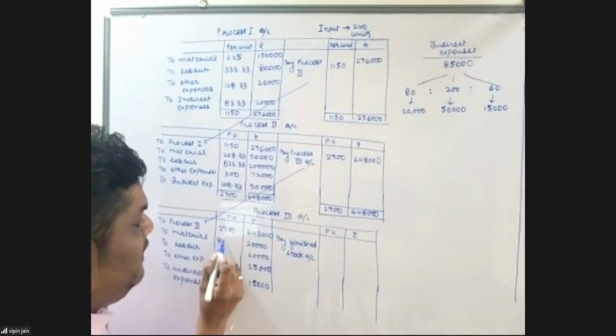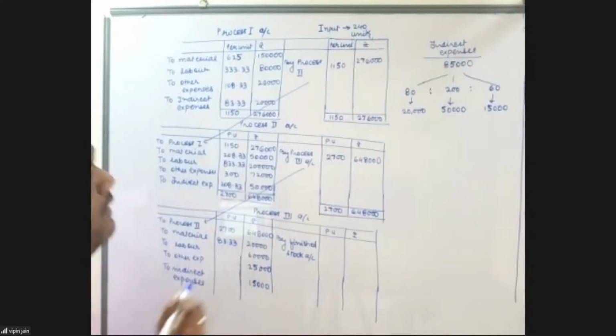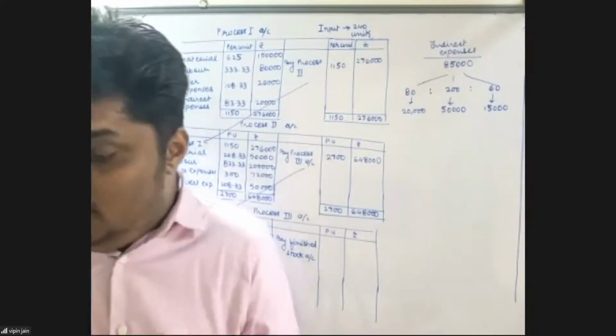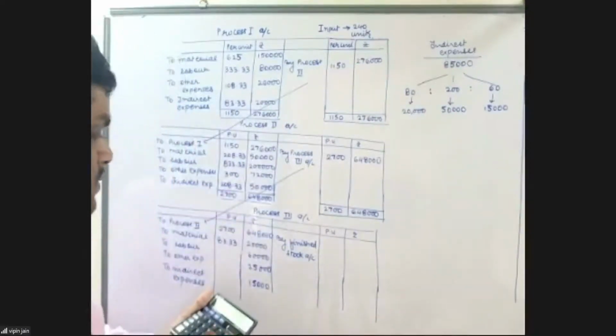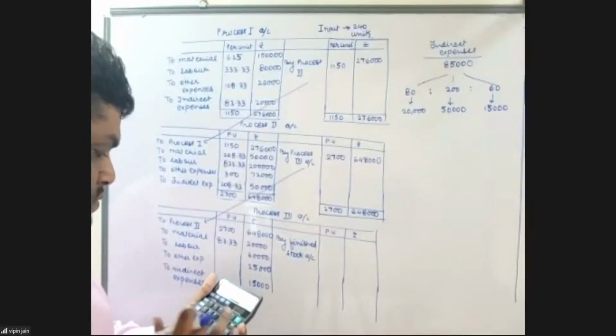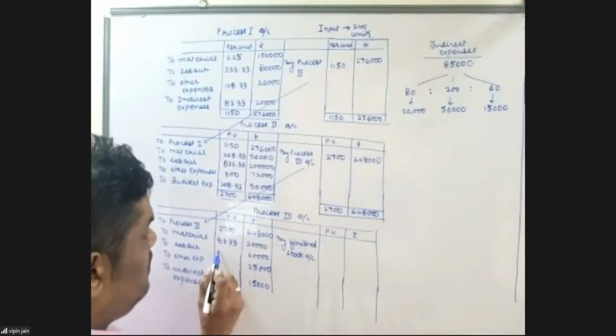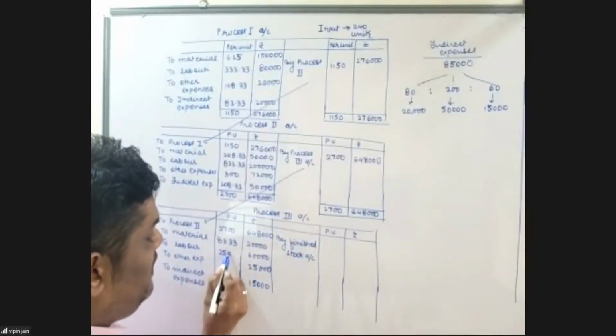So this will be 83.33. This will be 250.